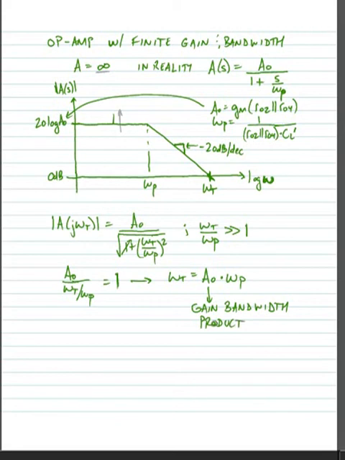What's interesting is that for any operational amplifier that you pick up off the shelf, it will have a gain bandwidth product, and no matter what configuration you hook your operational amplifier up in, the gain bandwidth product will always be a constant.